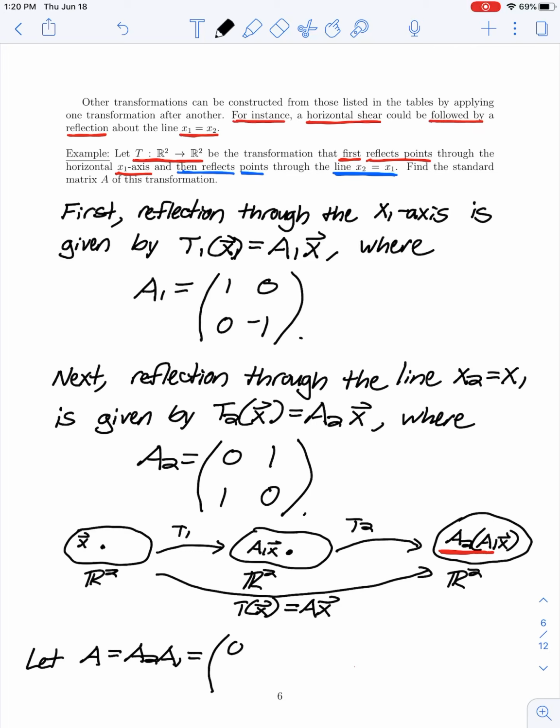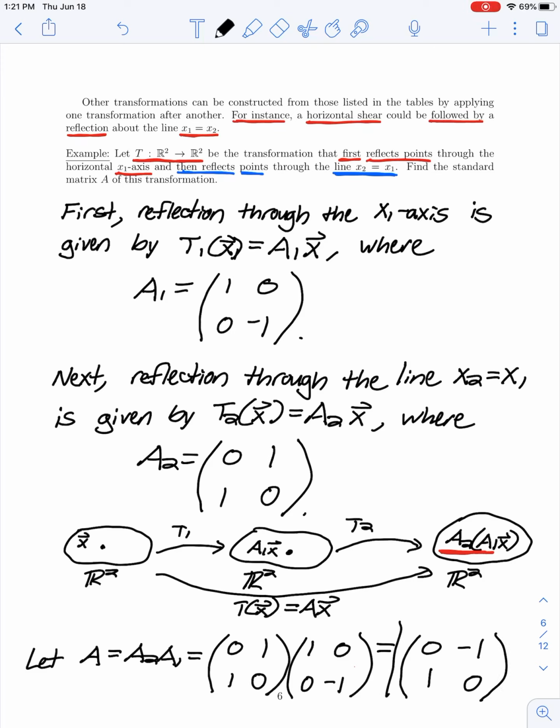Here A2 was 0, 1, 1, 0, and we're multiplying by the matrix 1, 0, 0, negative 1, which gives us the matrix 0, negative 1, 1, and 0. So this is the matrix that I'm after.